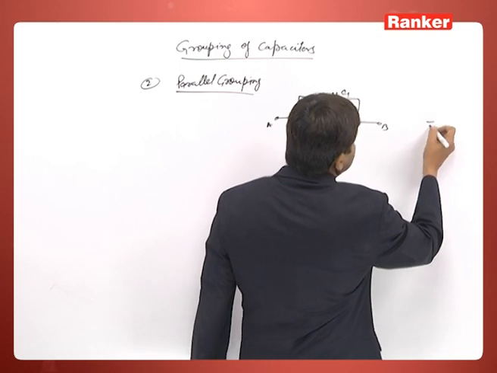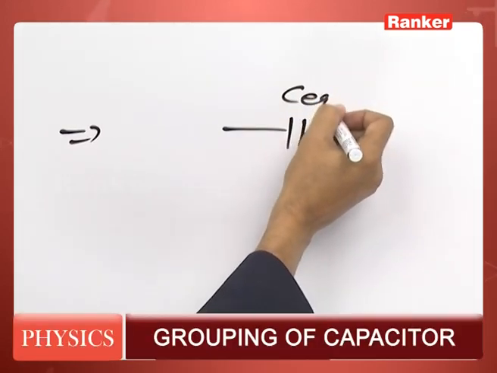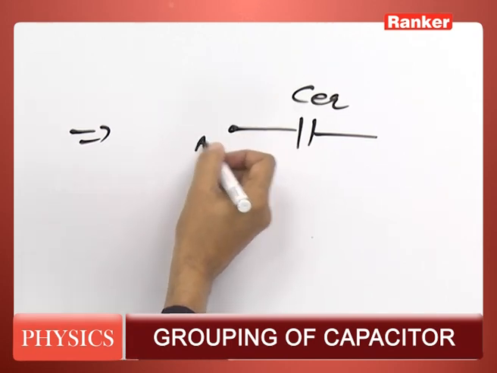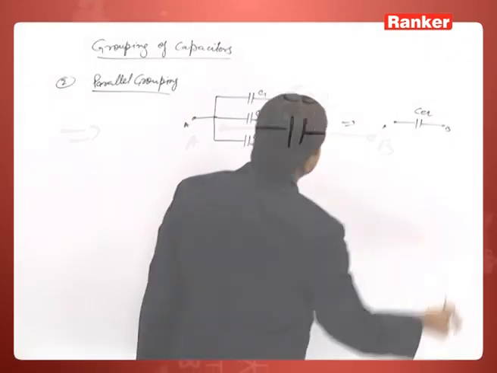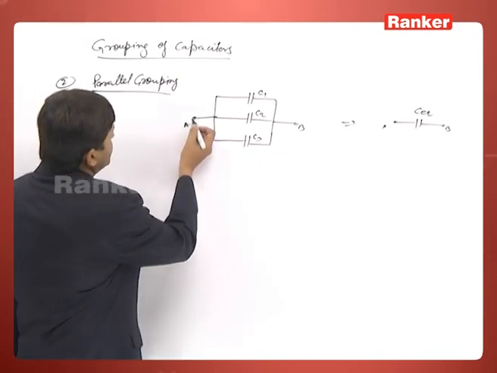So here again I want to replace all these three with a single capacitor, and that single capacitor has capacitance, let C equivalent. See, same method.